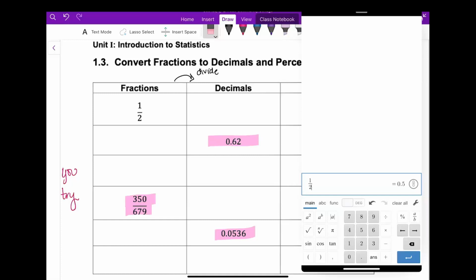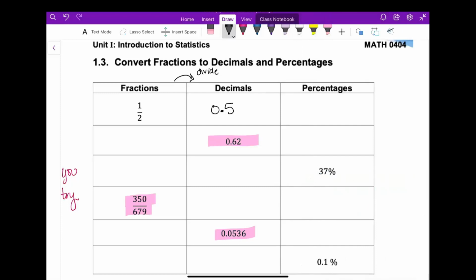So the first thing we see here once we divide is I have 1/2, and that gave me a decimal representation of 0.5. Let's take a look at turning our decimal into a percentage. How do I turn a decimal to a percentage?